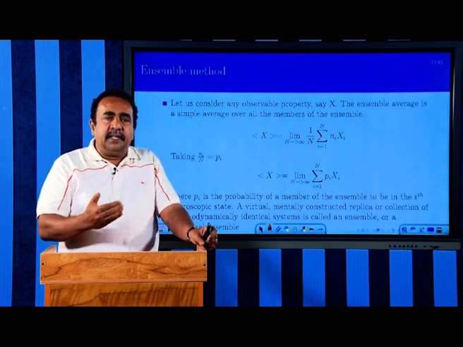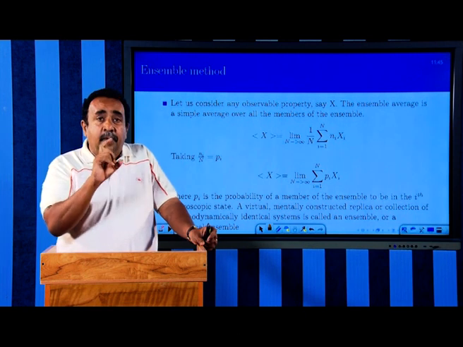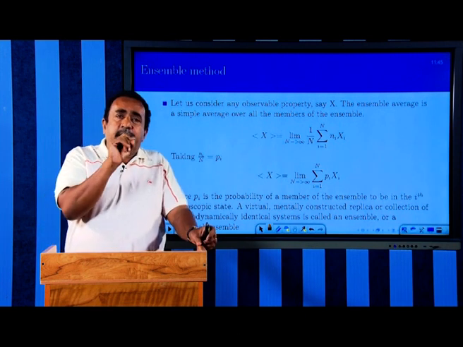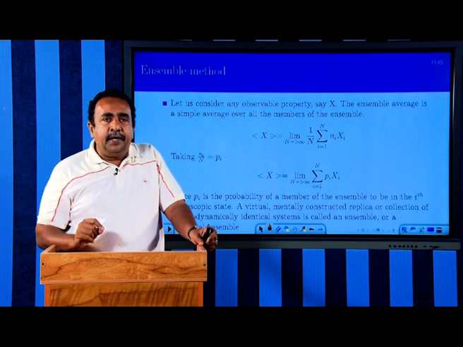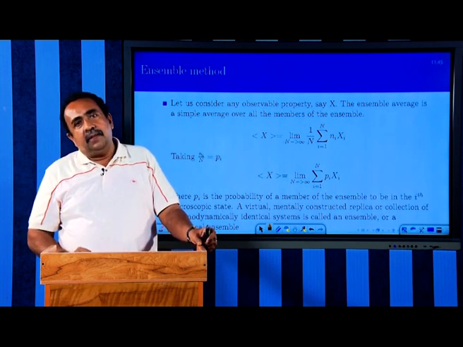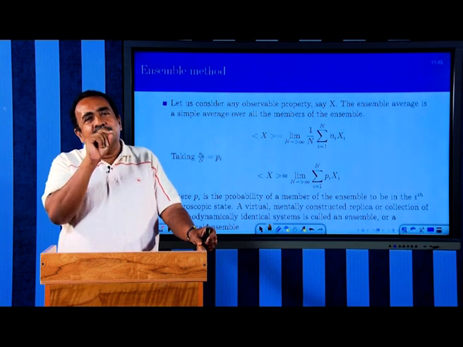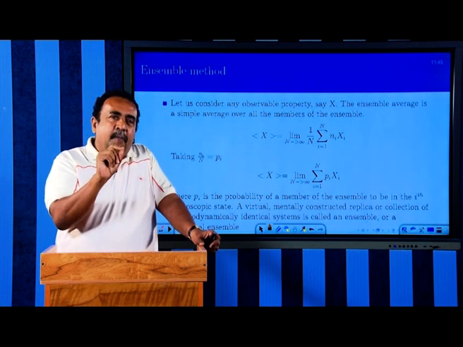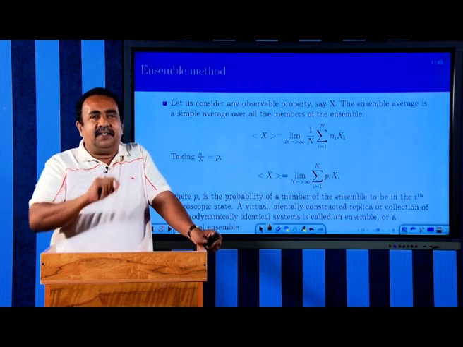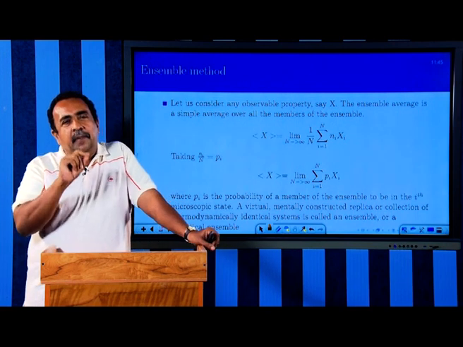If I want to get 6, the probability of getting that particular number will always be 1 divided by the total number, that is 1 by 6. Therefore, this ni by n represents the probability that you will have ni number of particles in a particular ith state. Therefore, ni by n is the probability.